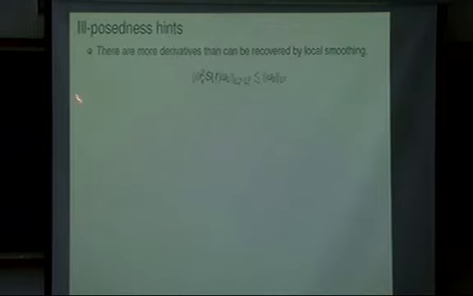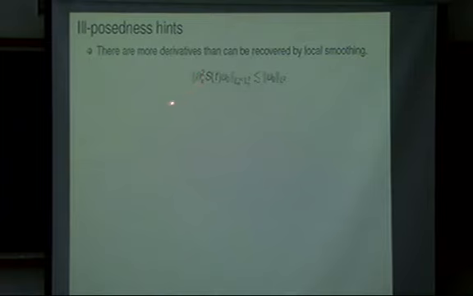Okay. So first of all, let me give some clues to the ill-posedness. First one is the local smoothing estimate. In the third order KdV equation, from the last talk, the local smoothing estimate recovered one derivative.